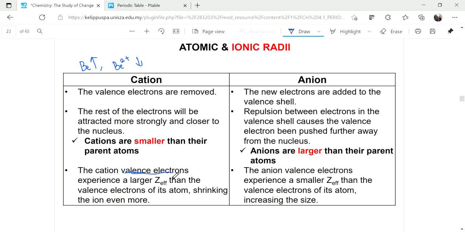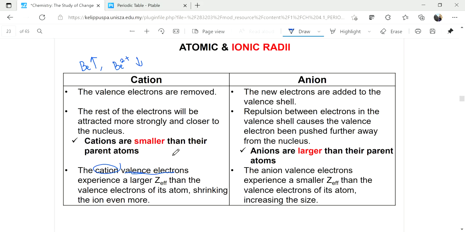Because the valence electron in the cation experiences a larger ZF, a larger nuclear charge, than the valence electron in the atom. So it will shrink the ion more than the atom.